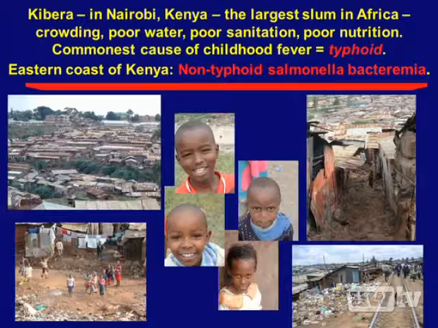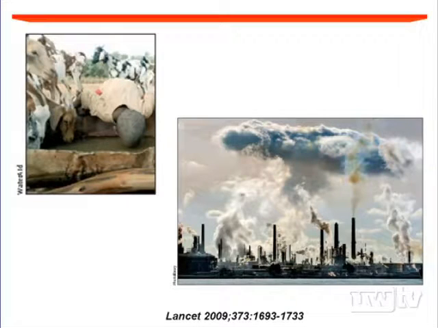But interestingly, on the eastern coast of Kenya, north of Mombasa, it's been non-typhoid Salmonella bacteremia that has been spreading rapidly and now is the commonest cause of fever in kids, with the emergence of so-called pseudogenes and multi-antimicrobial resistance occurring in these emerging Salmonella typhimurium strains. And I can't get away from these pictures of animals and humans drinking together, so there's another one.